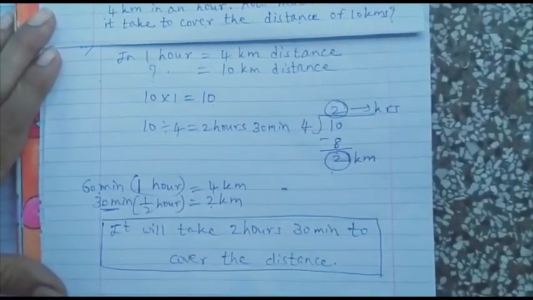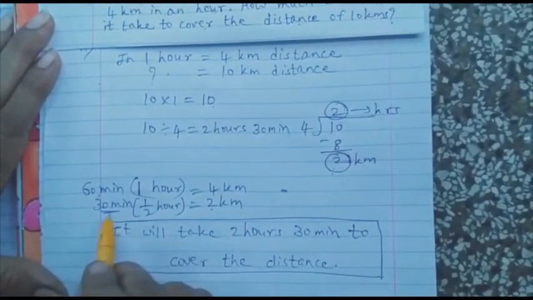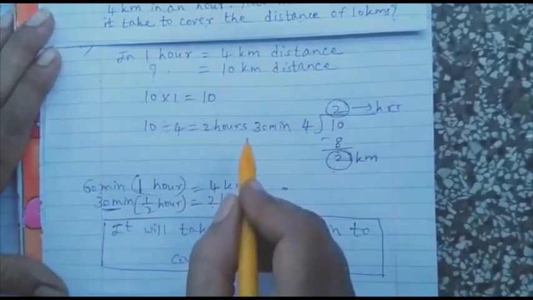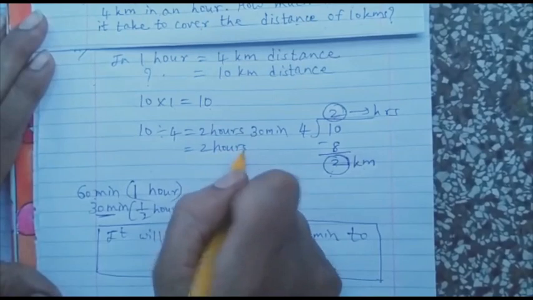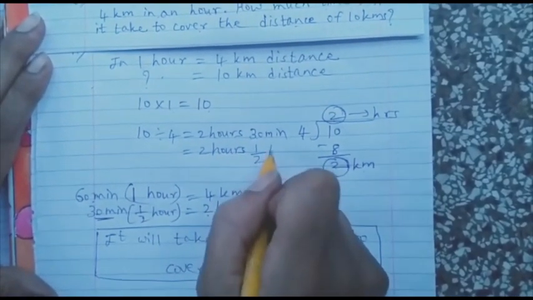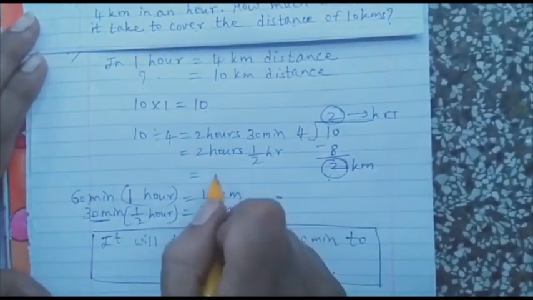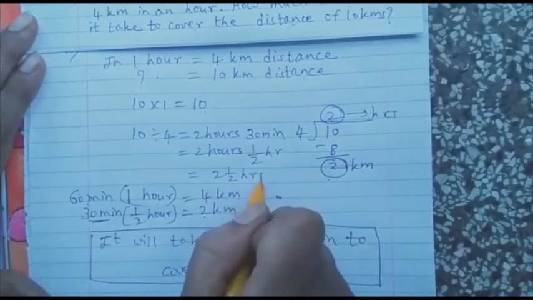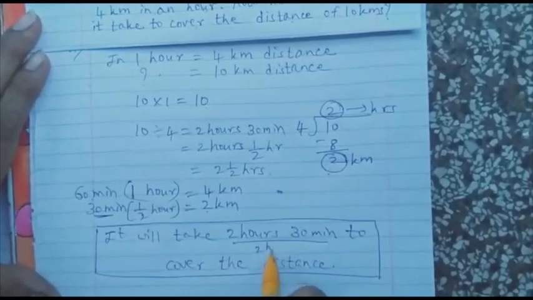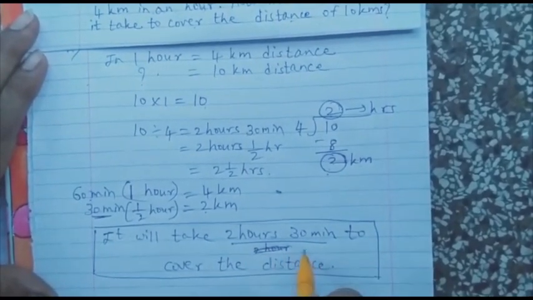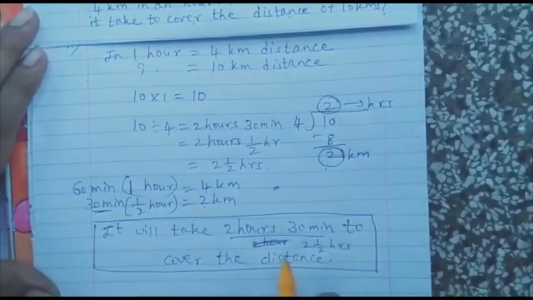Or it can be written as, in place of 30 minutes, even I can write half an hour. So this is also right and this is also right. In place of 30 I'll write half hour. So this I will write 2.5 hours. This is also right.